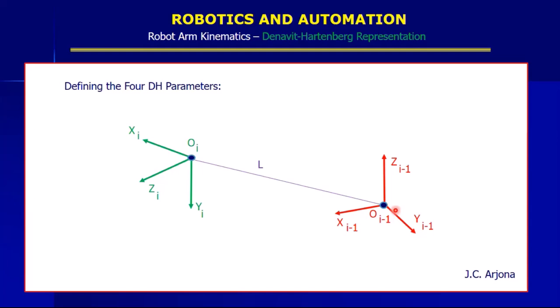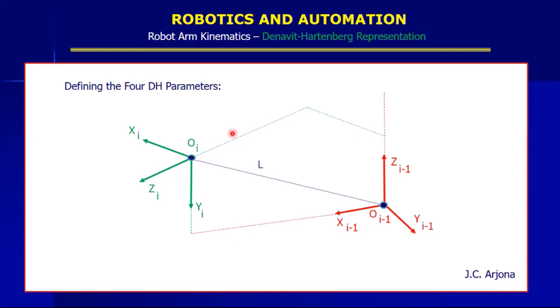Defining the 4 parameters, we need to project or extend a line that will meet this axis to this projected line. Then we extend the line from the z-axis that will be perpendicular with the projected line, with this line along the zi minus 1 axis.